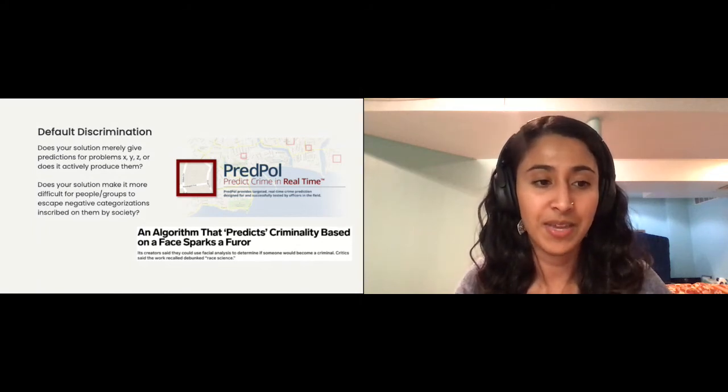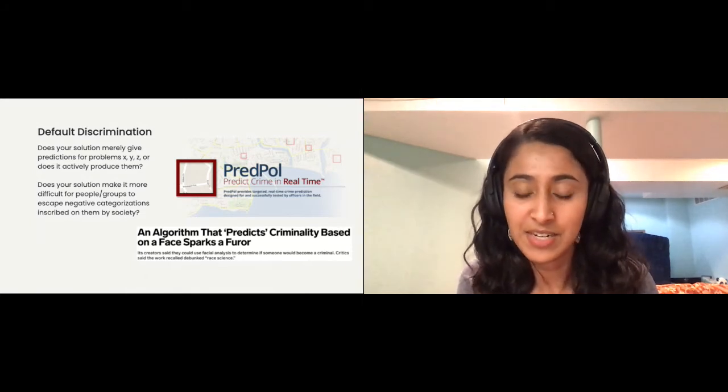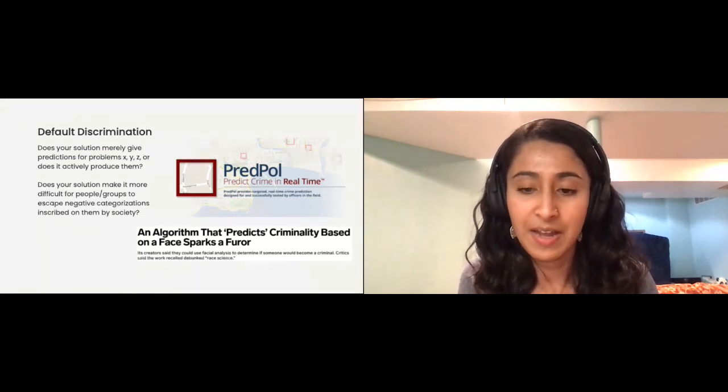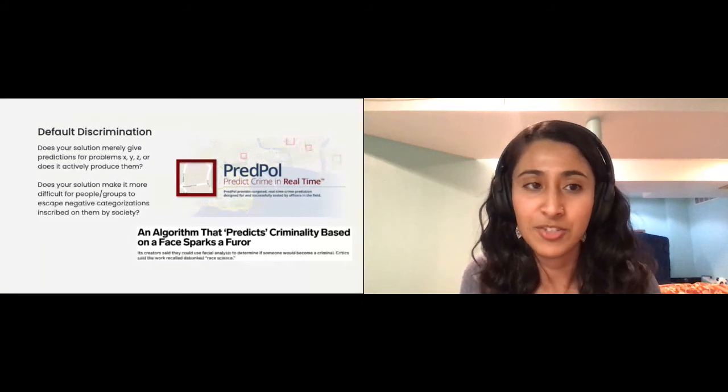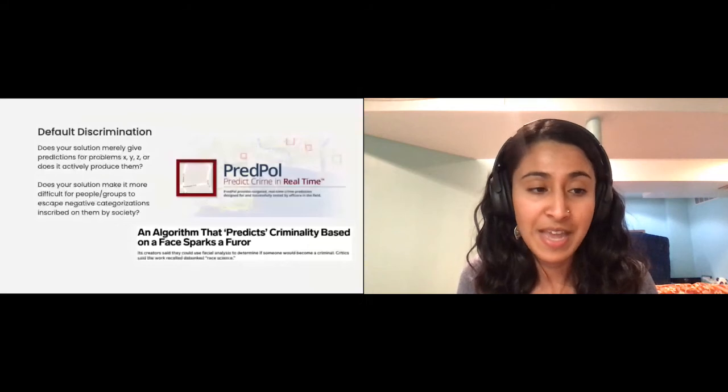So that's one aspect of this that makes these technologies problematic, and makes them simply reproduce existing inequalities of heavily policing Black people and Black communities.